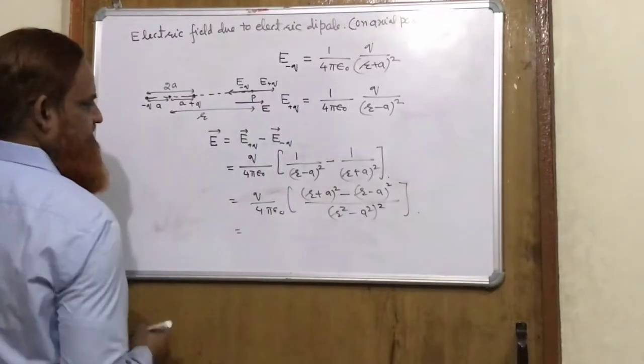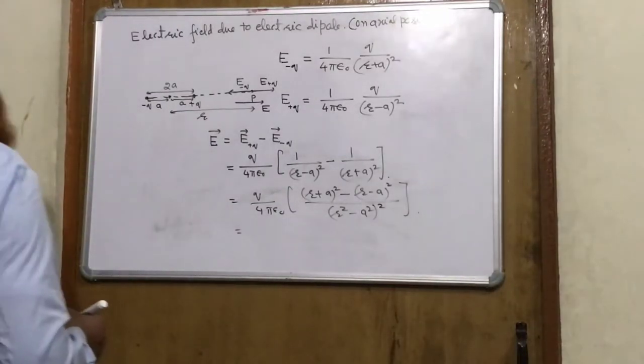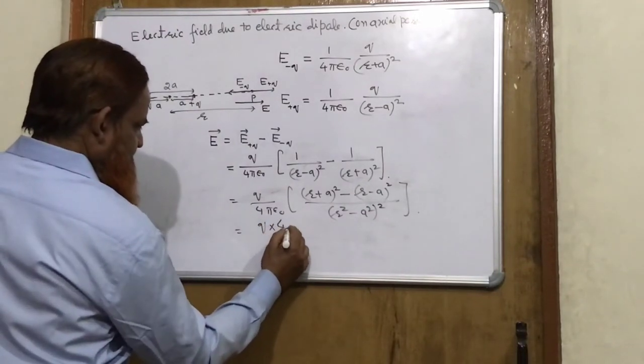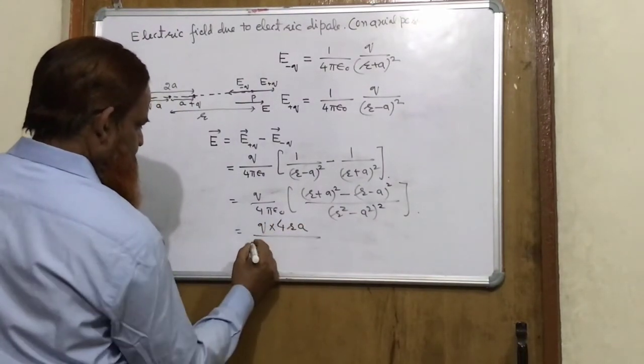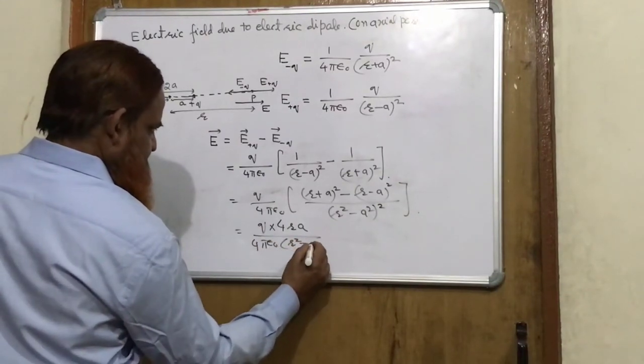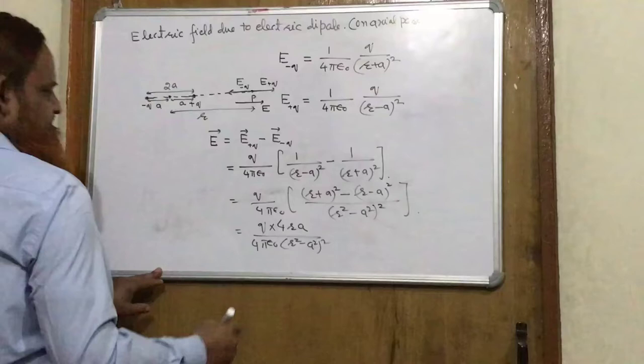So we will get (A plus B) whole square minus (A minus B) whole square is 4AB. So we will write here 4RA upon 4 pi epsilon naught (R square minus A square) whole square.